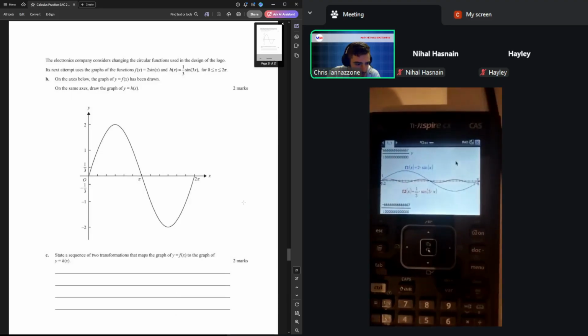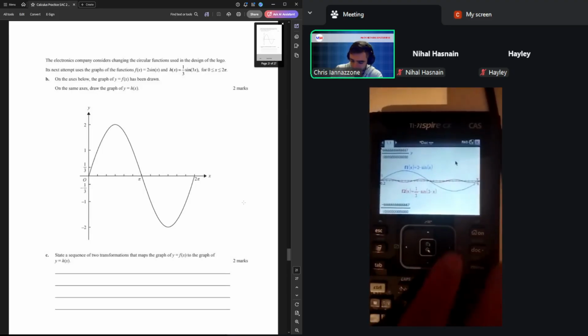So, does anyone remember how we do determining a sequence of transformations? There are 2 methods we can do actually.